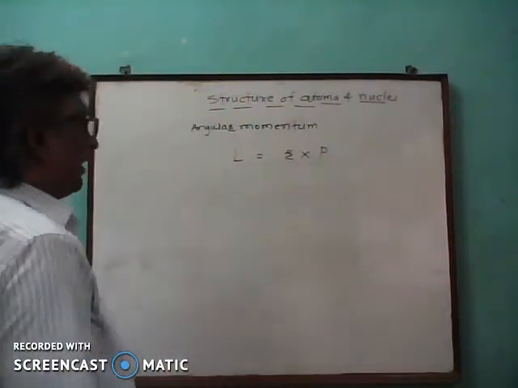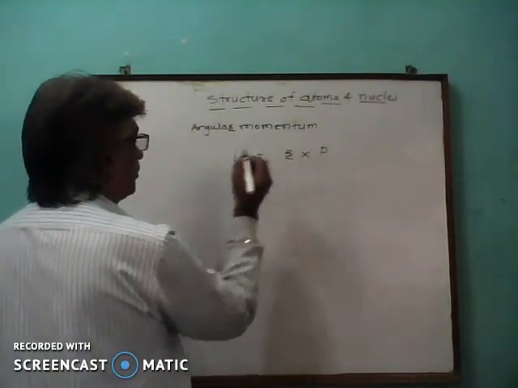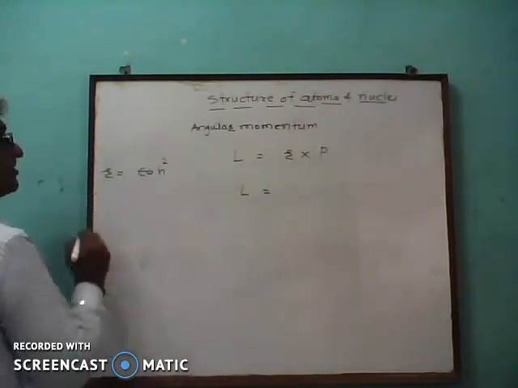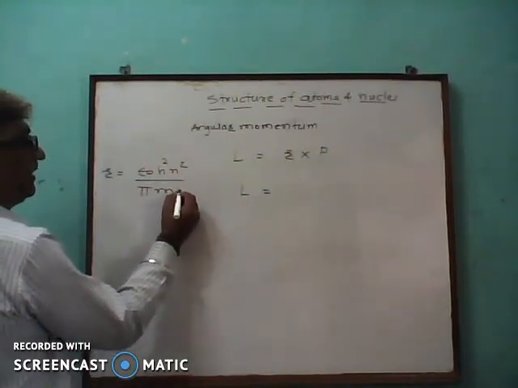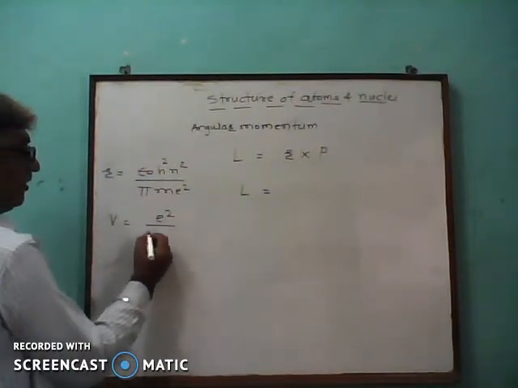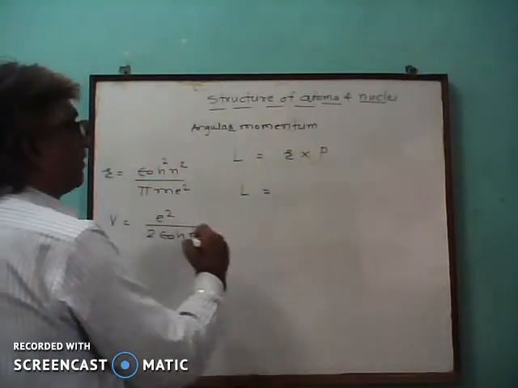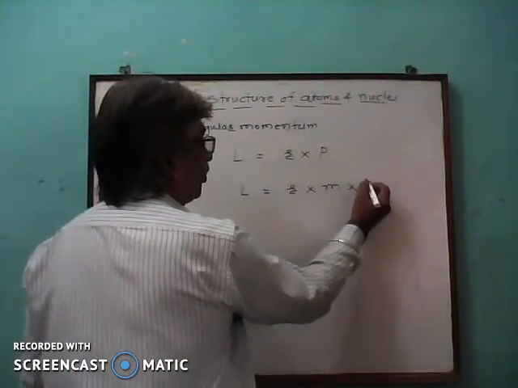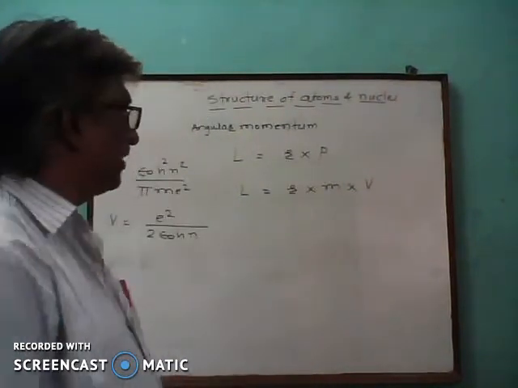So here, angular momentum L is equal to, we know the value of R, that is epsilon 0 h square n square upon pi m e square, and the value of velocity e square upon 2 epsilon 0 h n. Here the formula rearranged will be R into m into v.